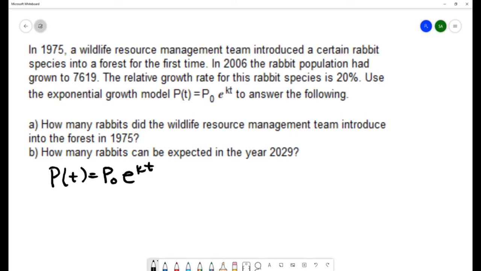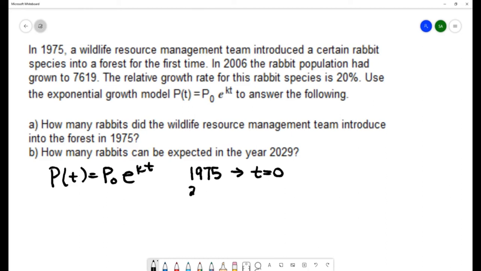And those rabbits were introduced into the wild in 1975. And so this will act as our initial time, our year 0.